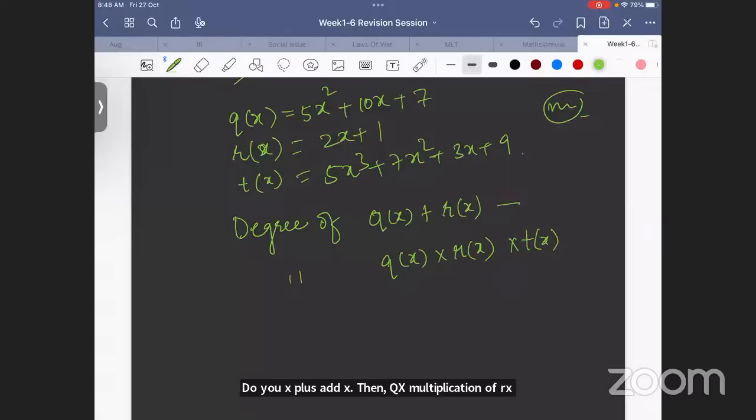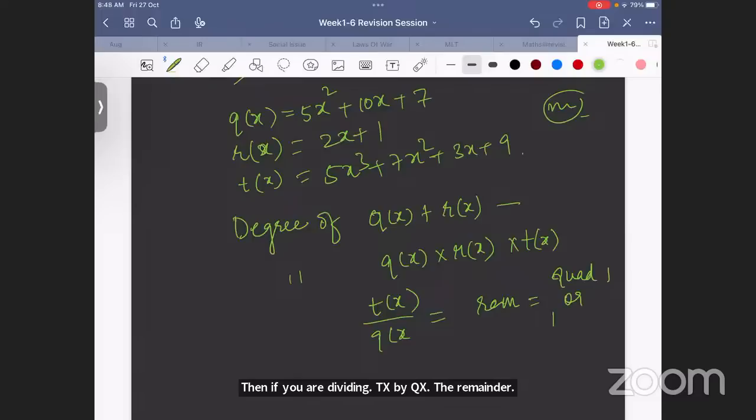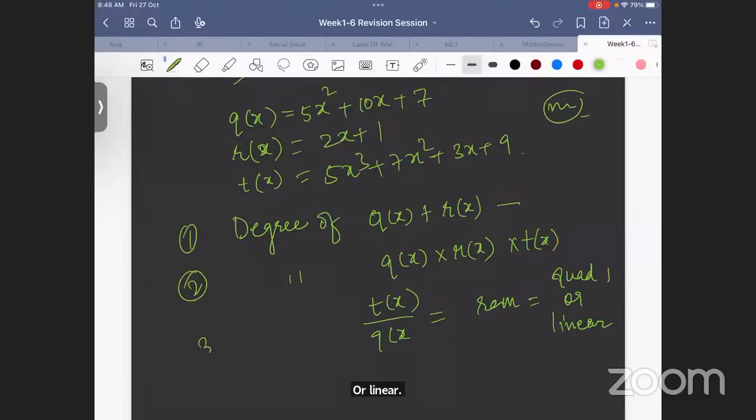Then if you are dividing t(x) by q(x), the remainder will be in the form of quadratic or linear. These are the 3 questions that you have to solve: first, second, and third. First, tell me the equation for the degree, and everybody should be knowing this. These are the very basic questions that you should be aware of.